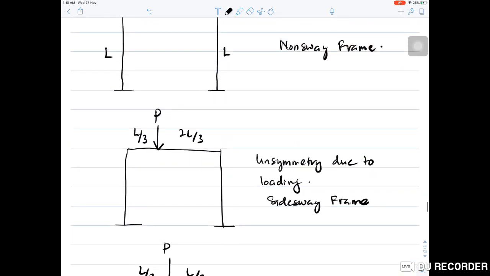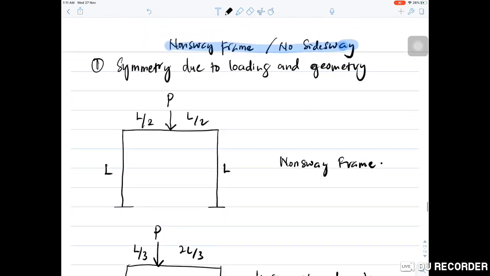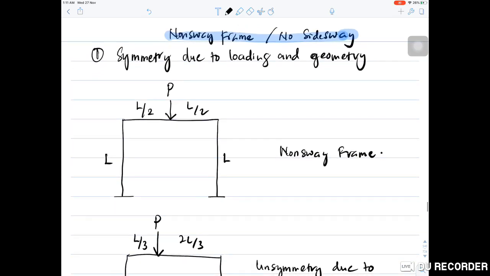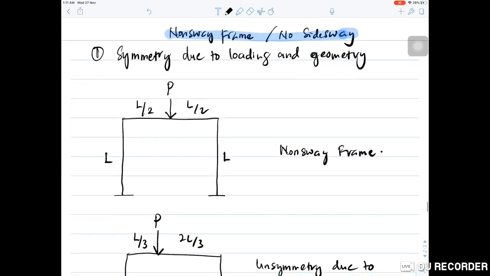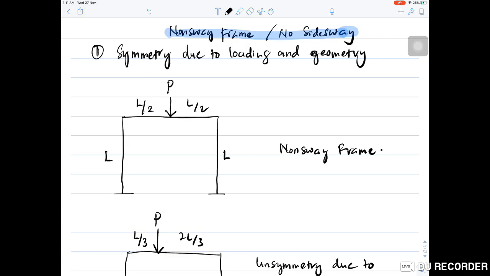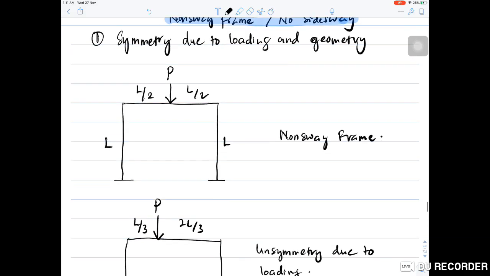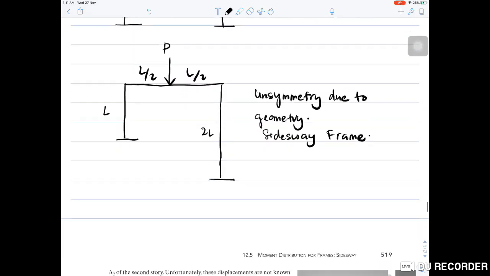I hope you understand the definition of a non-sway frame based on condition number 1, symmetry due to loading and geometry. We move to condition number 2.